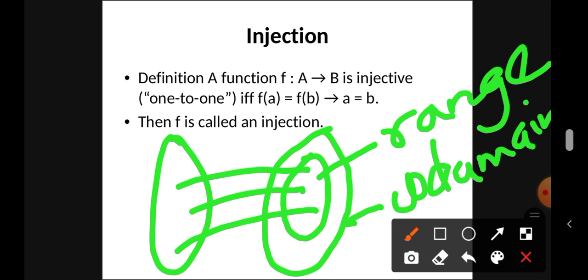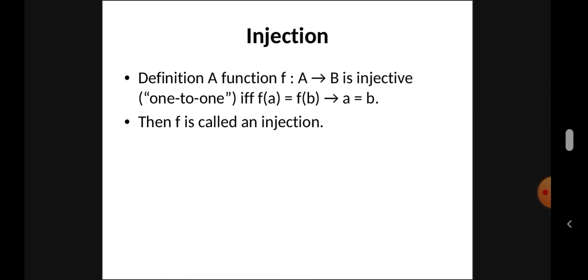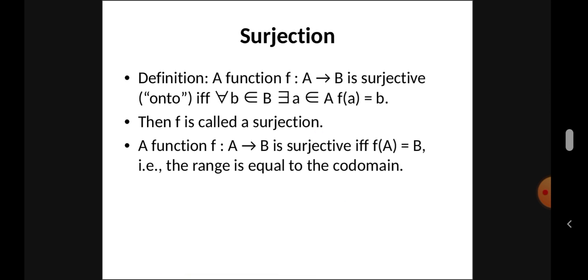Okay, and that is the difference between codomain and range. The next one is surjection. Surjection, we can also call it as onto function. And here we have a definition. A function f from a to b is surjective or onto if and only if for all b element of b there exists a. Okay, and this is called surjection.